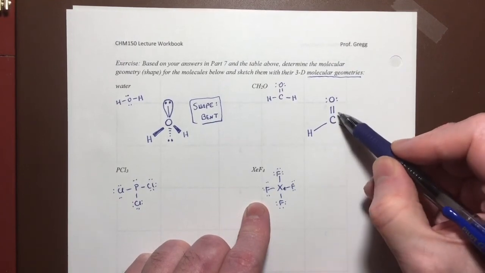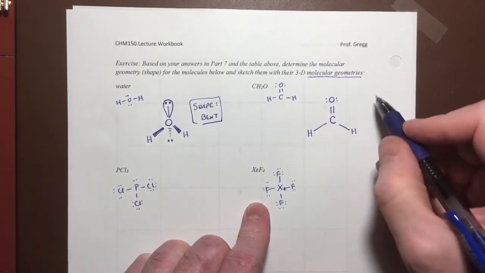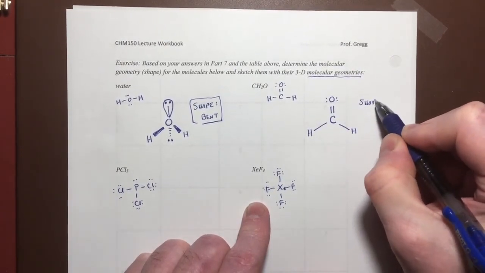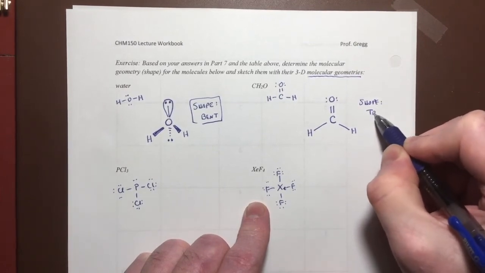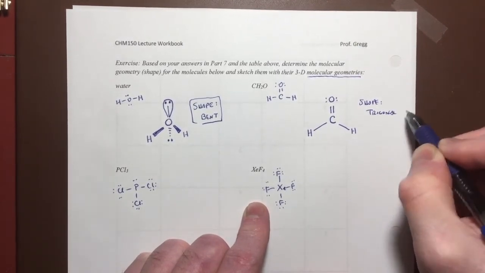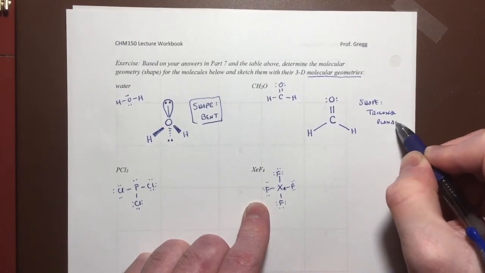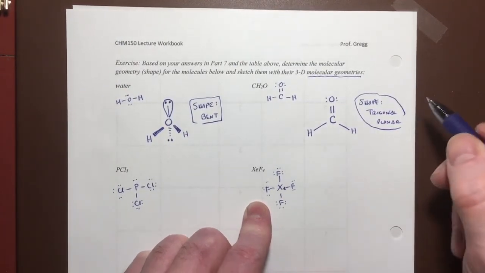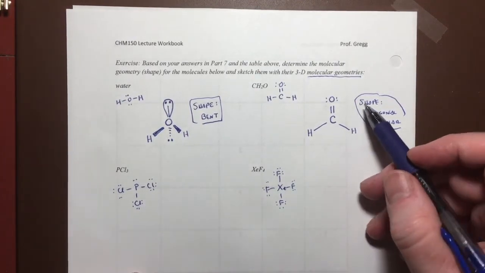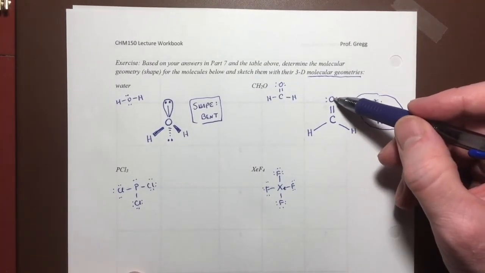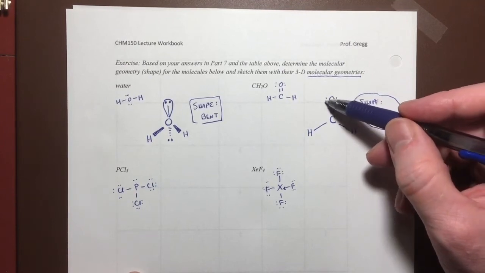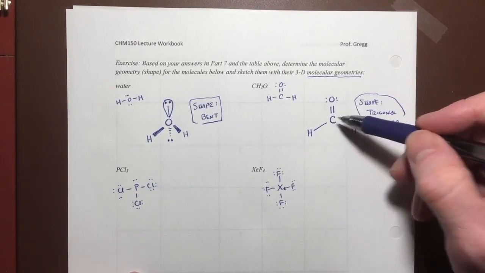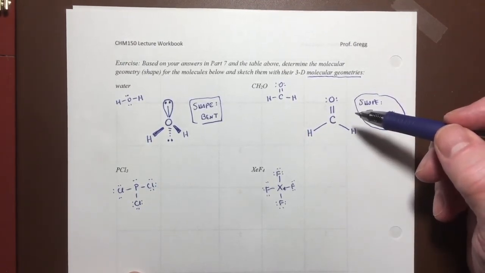Trigonal planar electron geometry, trigonal planar shape. Okay. Notice I'm not interested in what's going on with the geometry of the terminal atom, just focusing on the central atom for now.